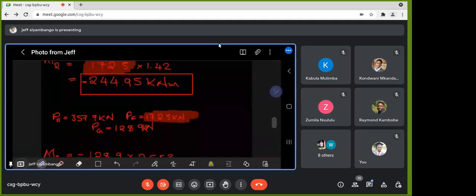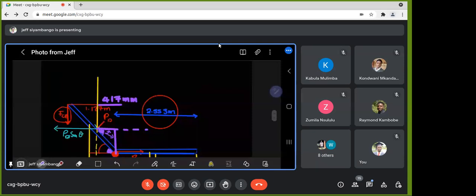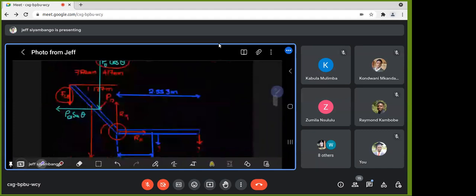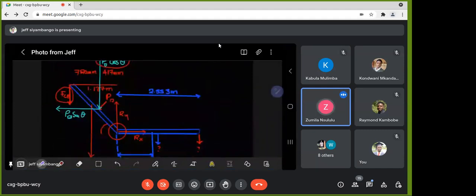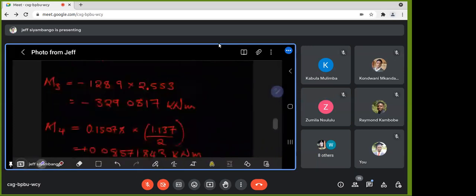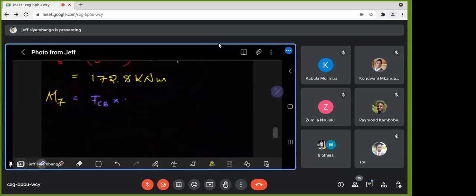What distance are you going to use there? 1.137. So we have 1.137 FC.